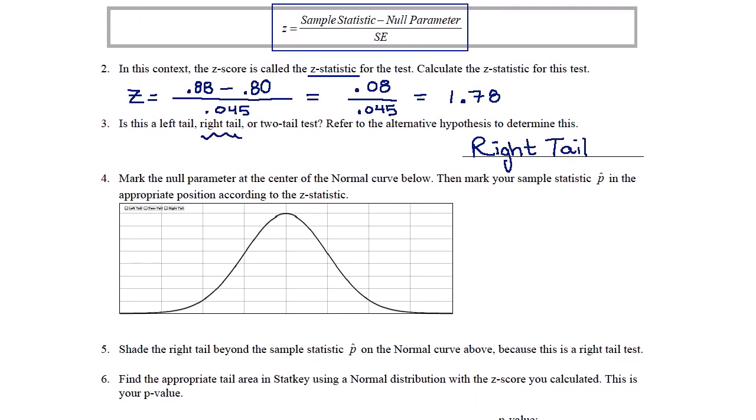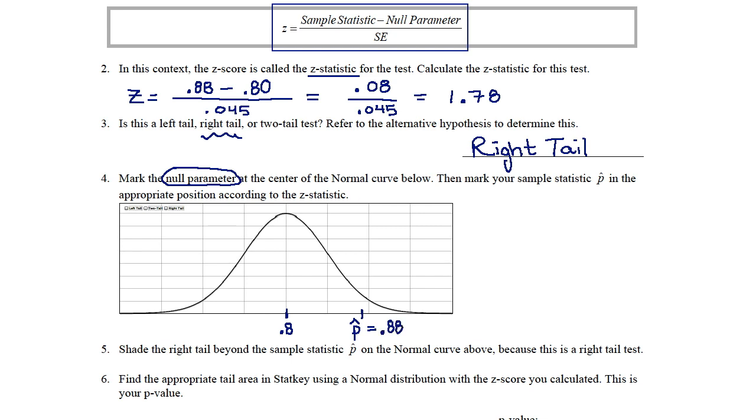Okay, so on this curve here, we're going to mark the center of the distribution at the null parameter. That is my 0.8. Now, almost 2 standard deviations to the right, but not quite, we have our sample statistic p hat equals 0.88.